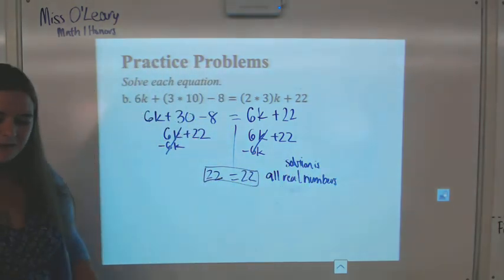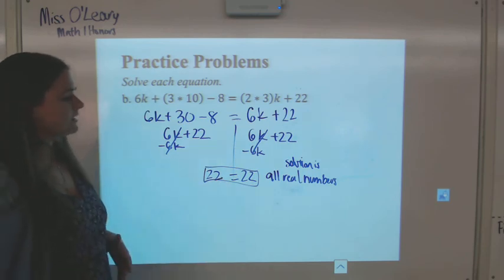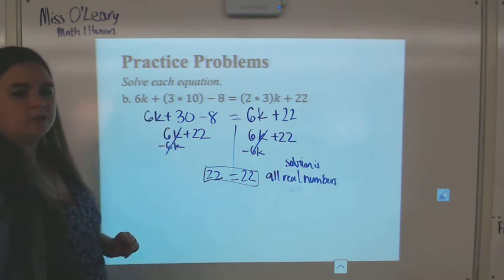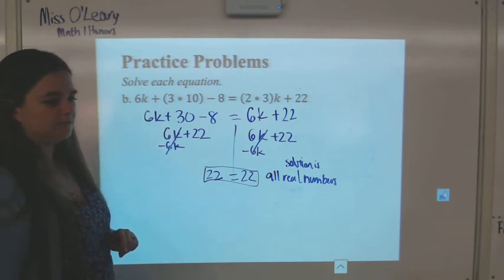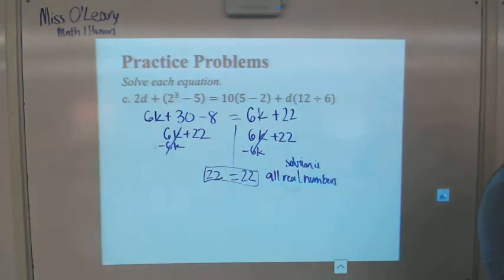Last year in math, you might have called that infinitely many solutions, which is also true. So the solution here is all real numbers, because no matter what I do to k, 22 will always equal 22.